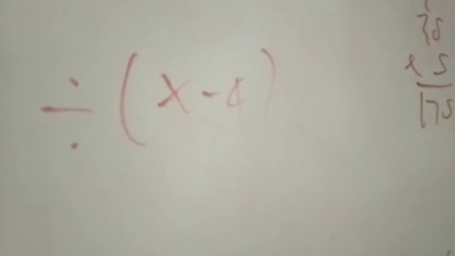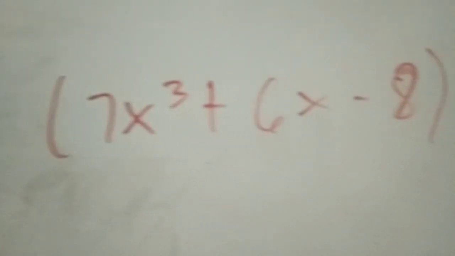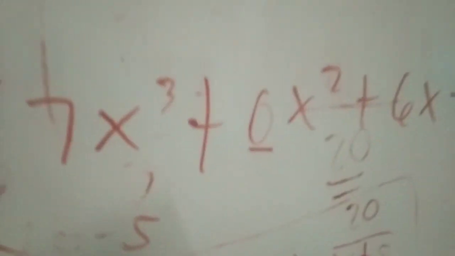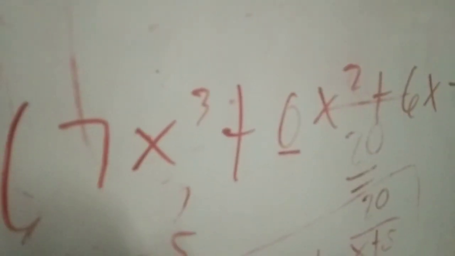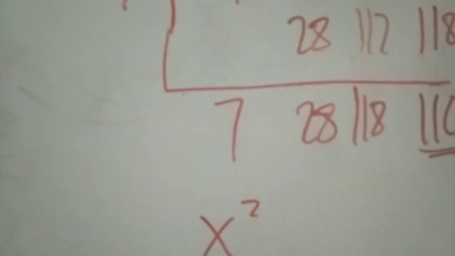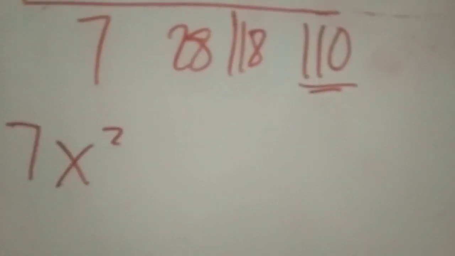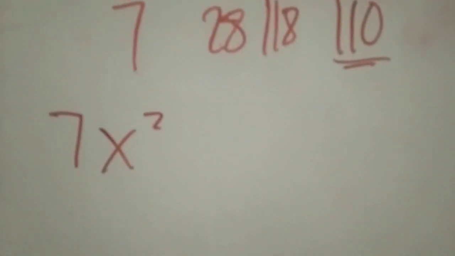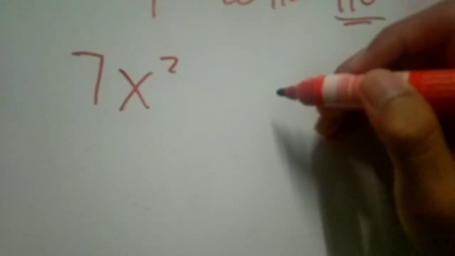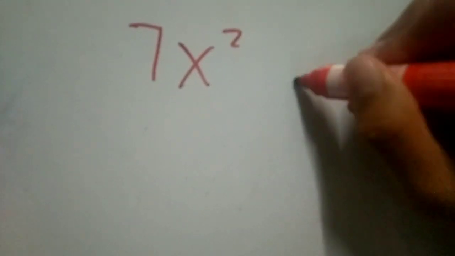And now we divide by x. So x divided by x cubed, that is x squared. Bring down the coefficient, that's 7. Next we divide x again, becomes x.